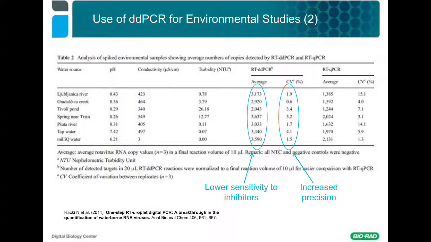They spiked all of these samples with similar amounts of rotavirus RNA. And what can be seen on this table is that, on average, ddPCR detects higher copy numbers than qPCR, which is reflective of a higher sensitivity. But, more to the point, it has a greater precision, as can be reflected by the lower CVs.